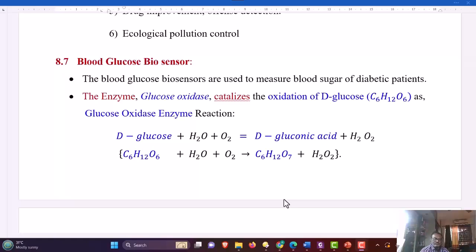The reaction is shown below: D-glucose plus H2O plus O2 gives rise to D-gluconic acid and H2O2. D-gluconic acid changes the pH value of the sample, and the oxygen content will be separated here. Those can be detected by using this glucose biosensor.